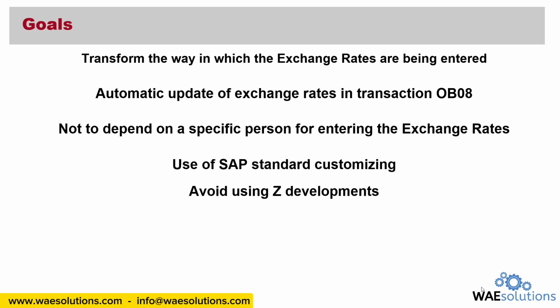With this information, the TBD4 populates the TCURR table, which is the same table that you populate manually by using the OB08 transaction. Since it was already resolved in SAP, what we did was a development hosted on the internet, which we have today with Amazon Web Services, in which we visit every single hour around 100 to 110 different central banks.